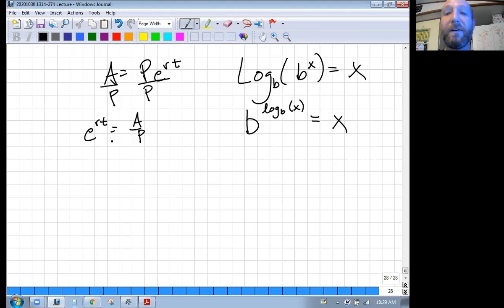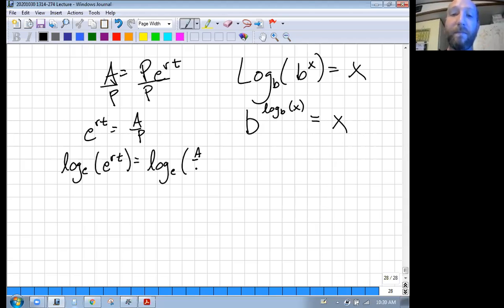So what we need here is to take log base e of both sides. If I take a log base e of both sides of this thing, the log base e and the e undo one another, and I'm left with rt.